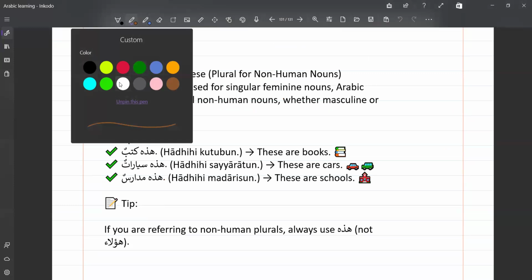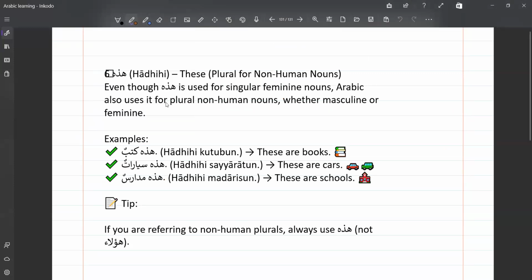Okay, so moving forward. Again, there's a word called hadhihi that we just now studied for a single feminine thing or person. Hadhihi is also used for non-human plural things.